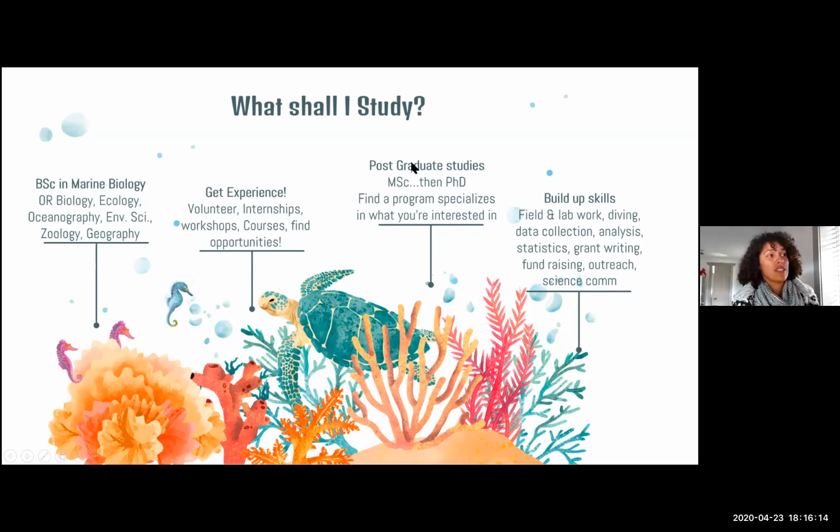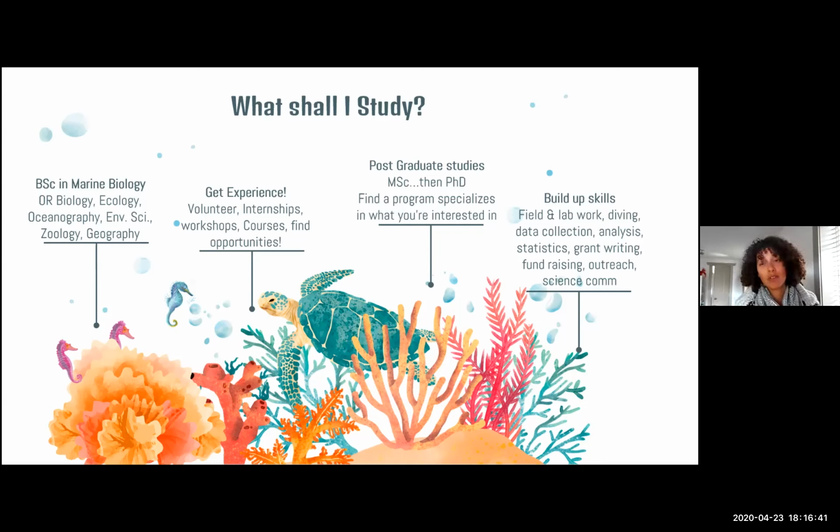If you are considering going into postgraduate studies to get into this field, get experience and volunteer, do internships, workshops, courses, find opportunities. And I know this is sometimes a bit of a luxury or a privilege. Not everyone can just leave their job and start volunteering or earn no money and survive.